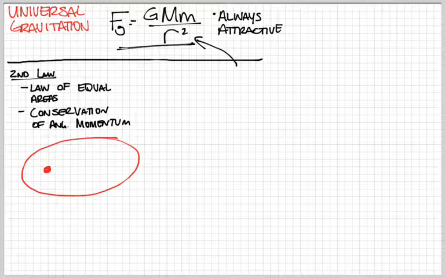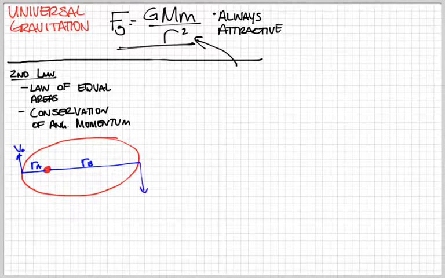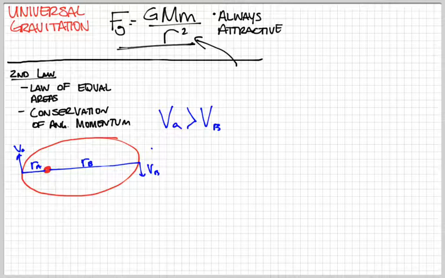So if we take this simple diagram, we call this radius A to the closest point, and then over here radius B. And we're going to have a velocity at radius A, velocity A, and a velocity at radius B. Now, Kepler's law said that the velocity at A was going to be greater than the velocity at B.